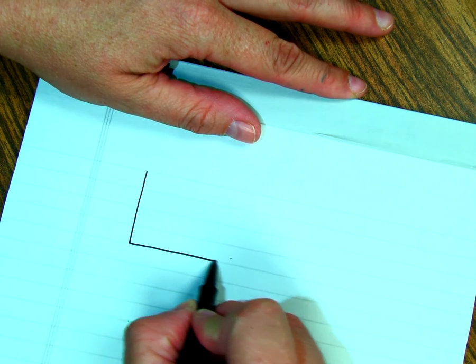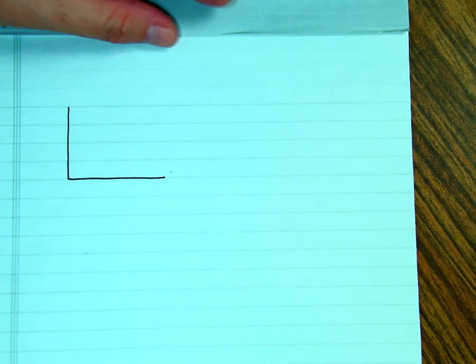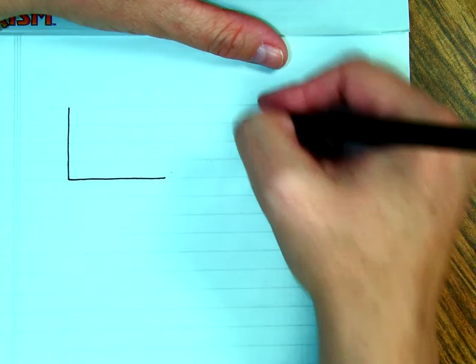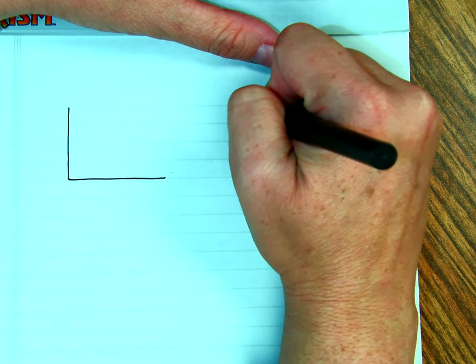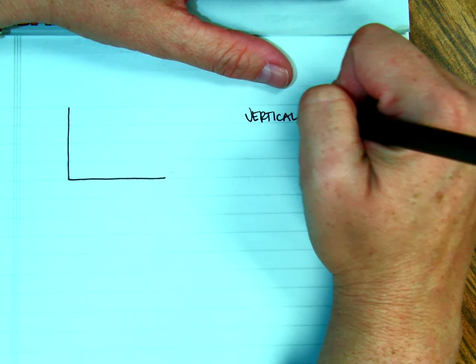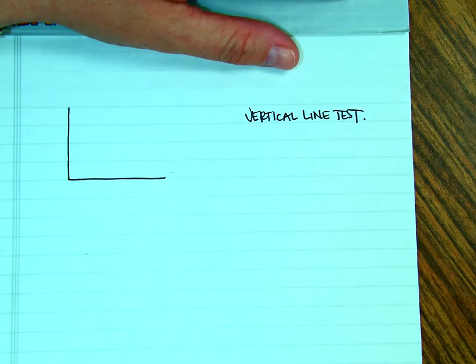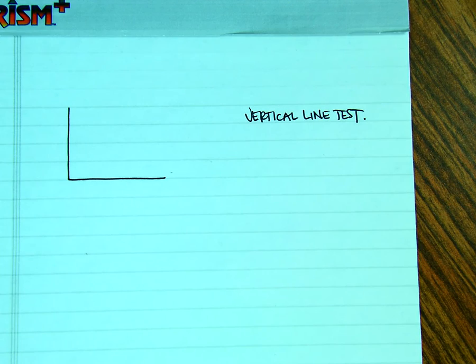When we are graphing, and if we are trying to determine if a graph is a function, there is something called a vertical line test. I'm going to show you how to proceed with that. Okay, so a vertical line test.